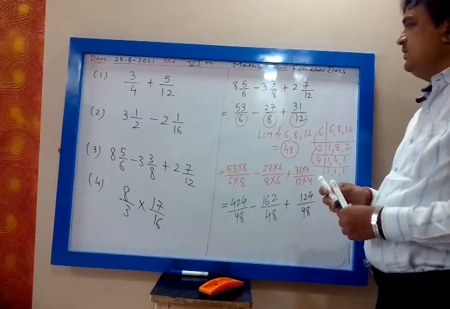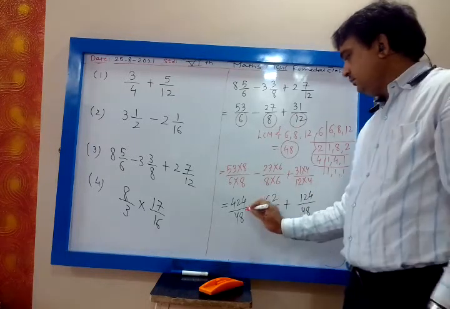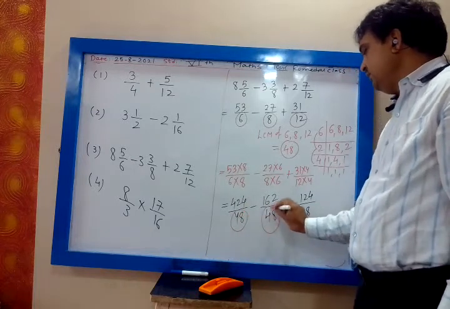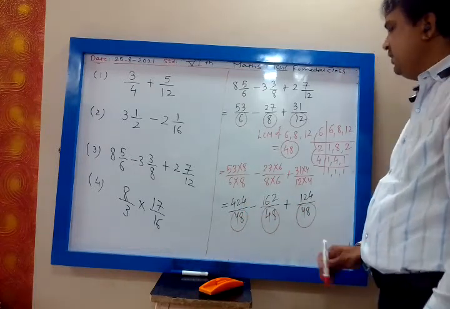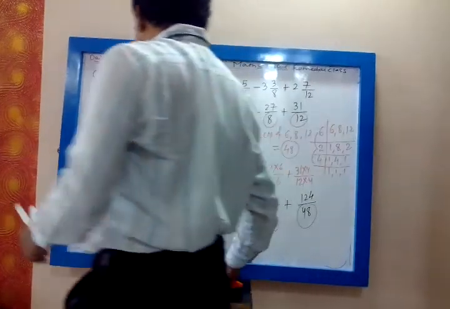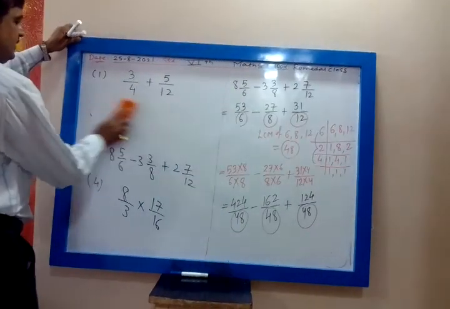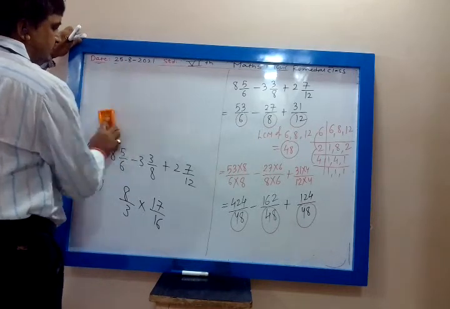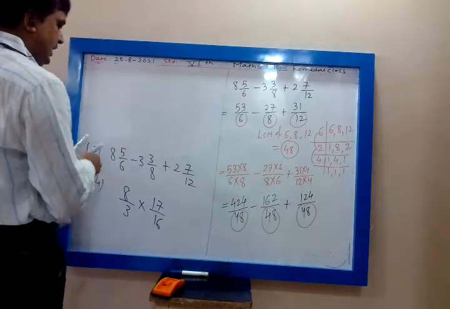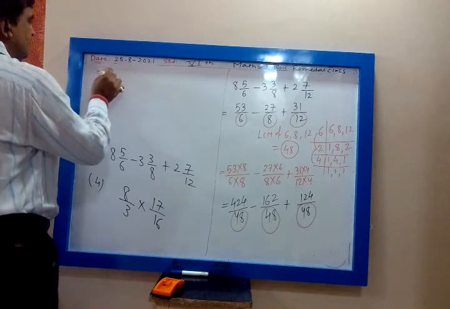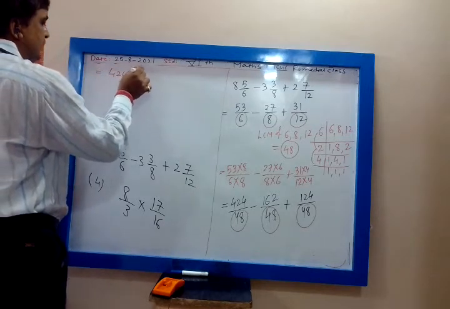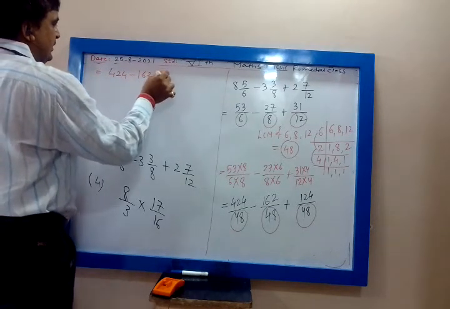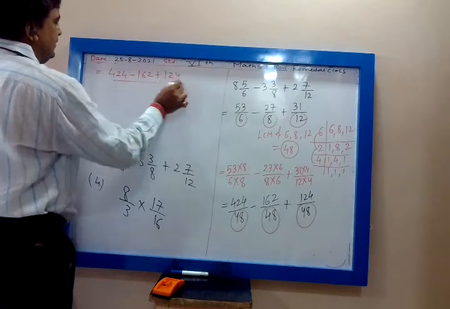Now denominators are the same, 48, 48, 48, so we can take the denominator 48 common and simplify the numerator. So that will be 424 minus 162 plus 124 upon 48.